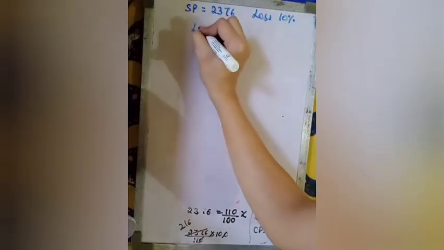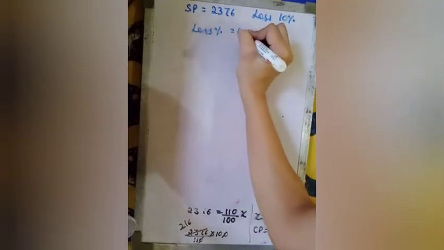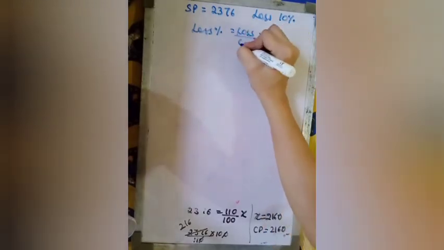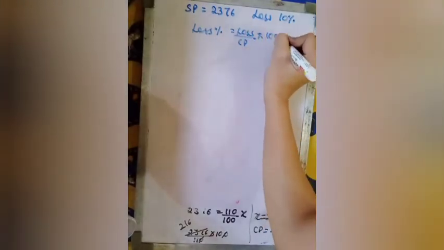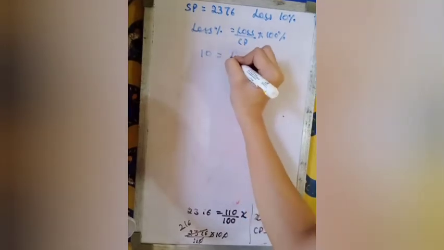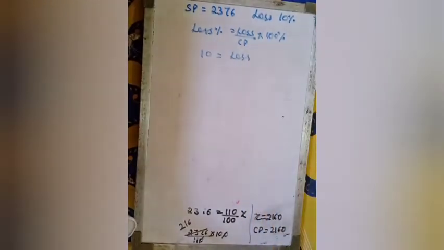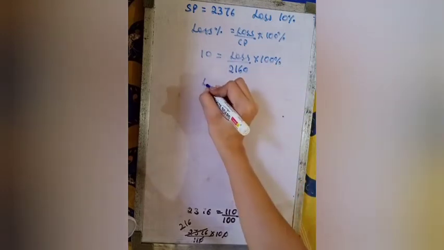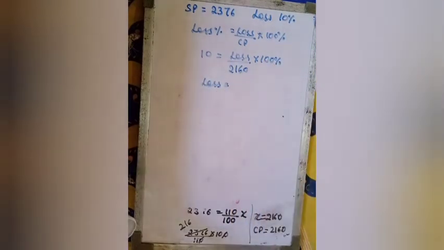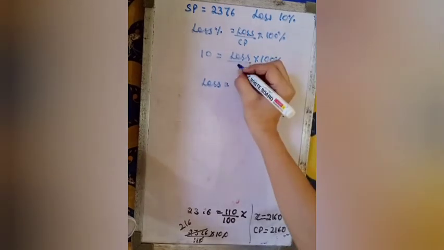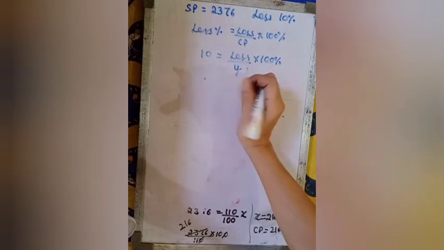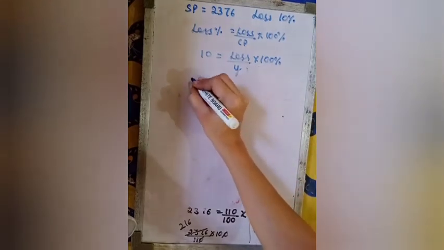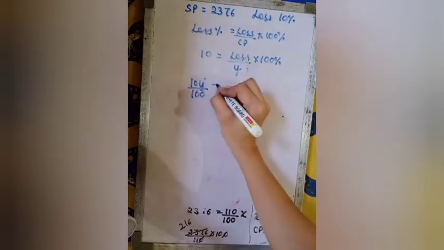Now put the formula: loss percent equals loss upon CP into 100%. So it is 10 loss, and the CP is... sorry, the CP was x, this time it is y. Let's suppose it is y. So 10 upon 100 y equals loss.